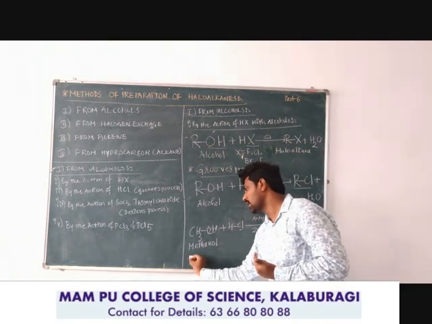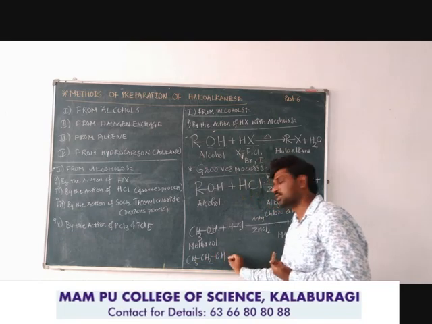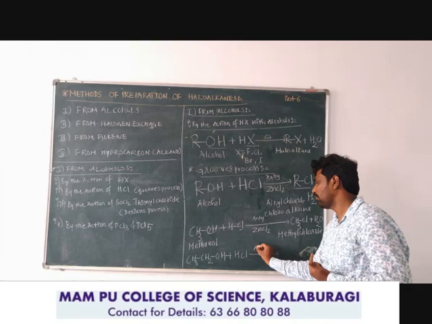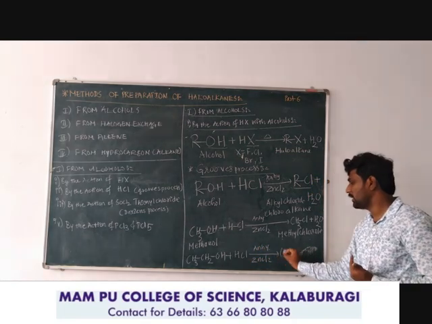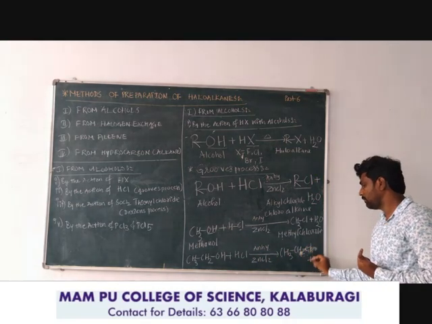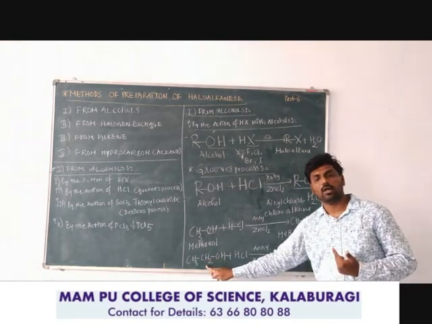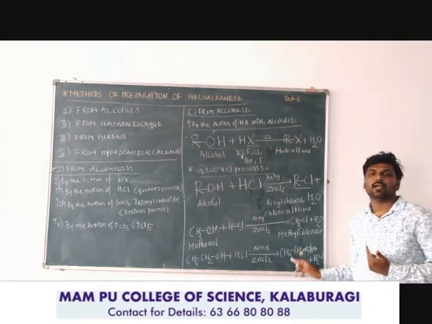Suppose I have taken ethanol, CH3CH2OH, plus HCl in the presence of anhydrous zinc chloride. I am getting CH3CH2Cl plus H2O. The OH is replaced with the Cl, so I am getting ethyl chloride.